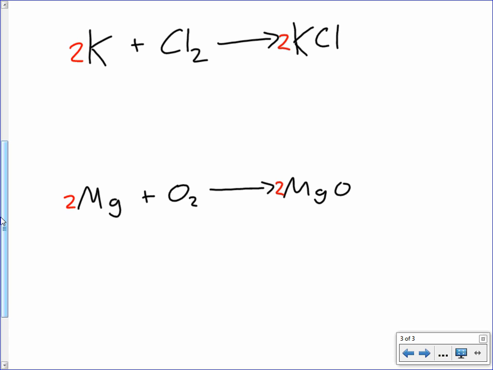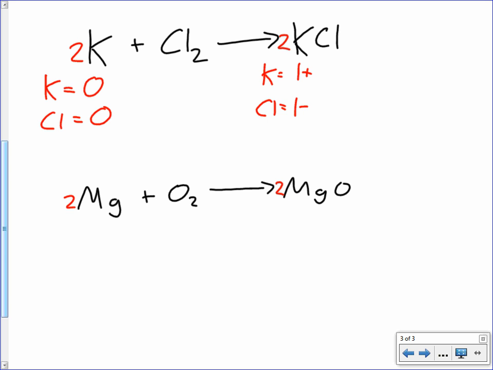Alright, so I'm going to go through this really quick for the sake of time. Potassium's an element, 0. Chlorine, 0. Okay, on the product side, potassium and chlorine are ions, so it's going to be a +1 and a -1.